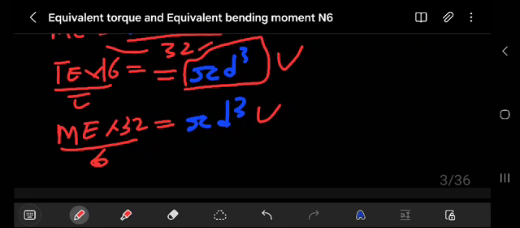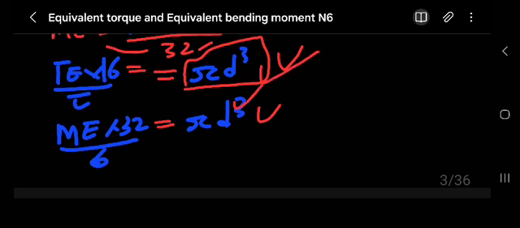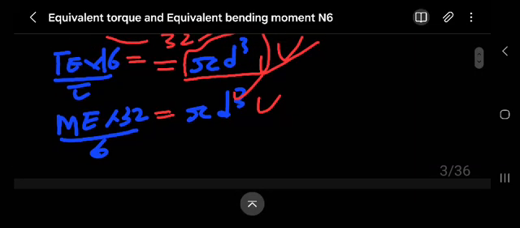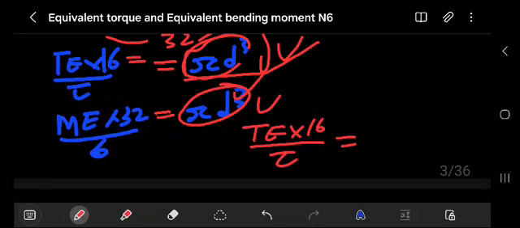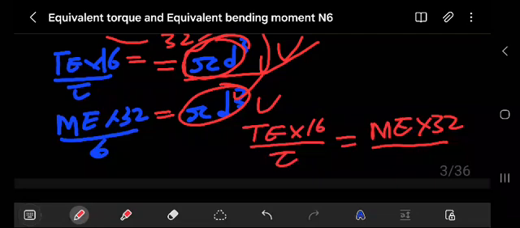Since these things are the same, we can equate them. So at least since I've seen that those things will be the same, I can equate TE multiplied by 16 divided by shear stress to be equal, remember, these things are equal there, to ME multiplied by 32 divided by shear stress there. Oh, sorry.